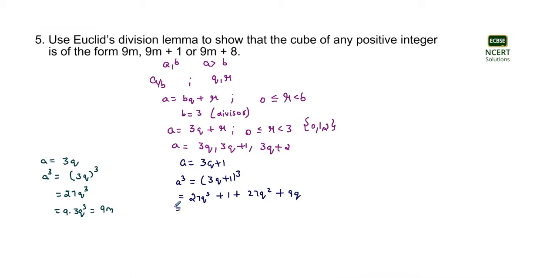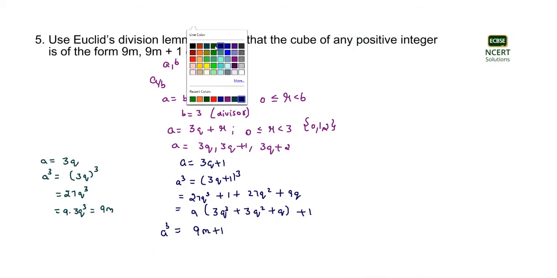Now taking 9 common from the first, third and fourth terms, in the bracket we will be left with 3q cube plus 3q square plus q, and the second term, that is plus 1. And as we know the terms involved in the bracket are integers, so arithmetic addition or multiplication applied on integers will form another integer, let it be m. So here a cube will be equal to 9m plus 1.